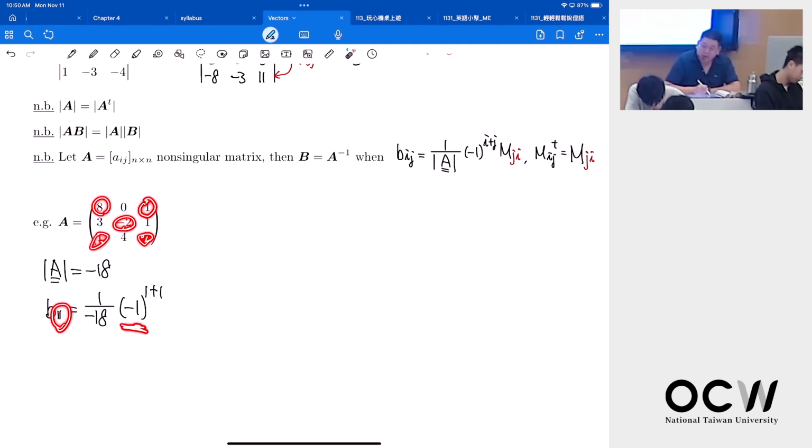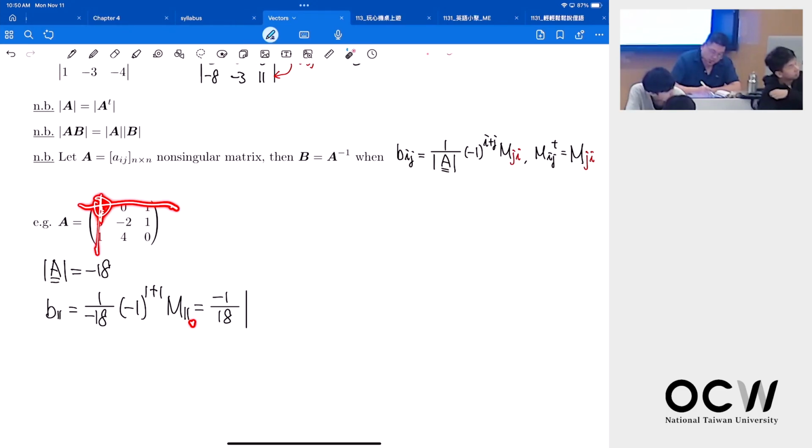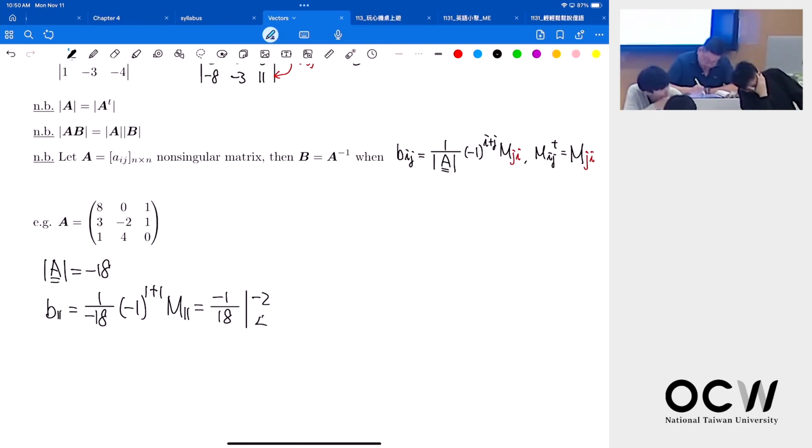You don't need to change the sign. So I choose this because 1, 1 is still here. Then I cross out the corresponding row and column. So I get minus 2, 4, and 1, 0.